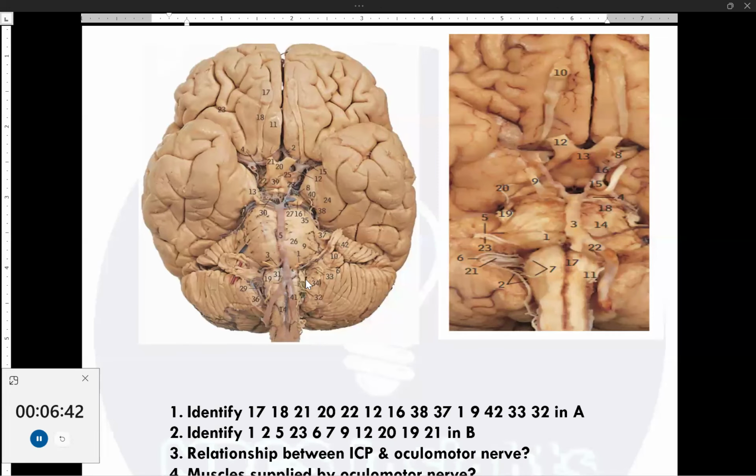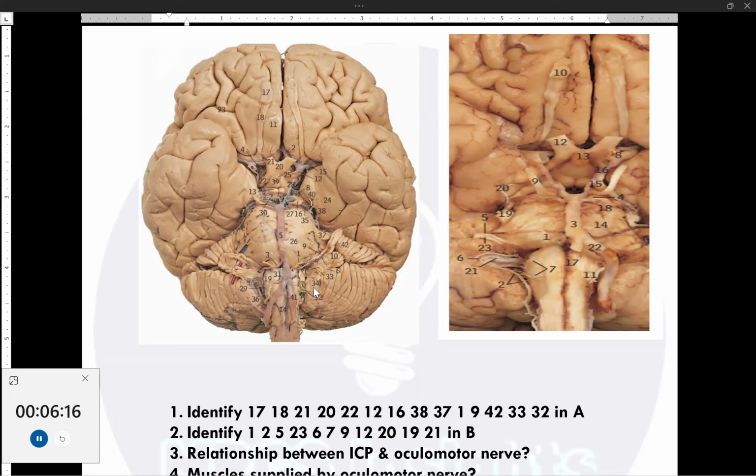Okay, and what is 34? This is the cranial part of the accessory nerve, and this, 34, is the spinal part of the accessory nerve.